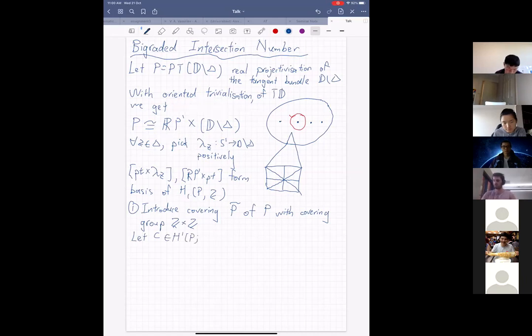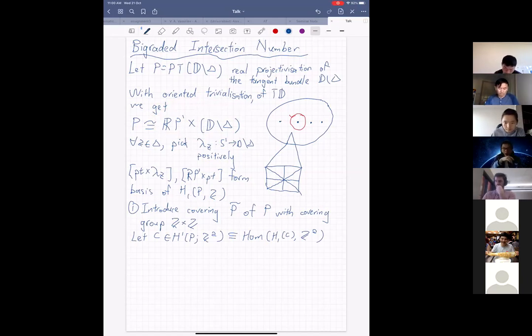Because from the UCT, the universal coefficient theorem, this is isomorphic to Hom of H1 P, Z cross Z. So giving you a cohomology class is equivalent to giving you a homomorphism from first homology to Z cross Z, the group I want.